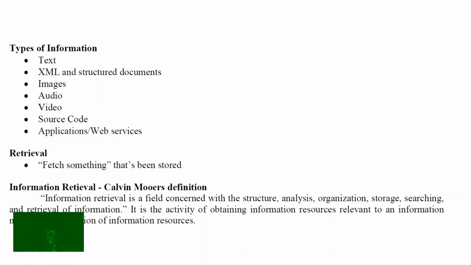Information retrieval techniques. Speaking about information retrieval techniques, the first and foremost thing is the types of information: text, XML and structured documents, images, audio, video, source code, and applications or web services.